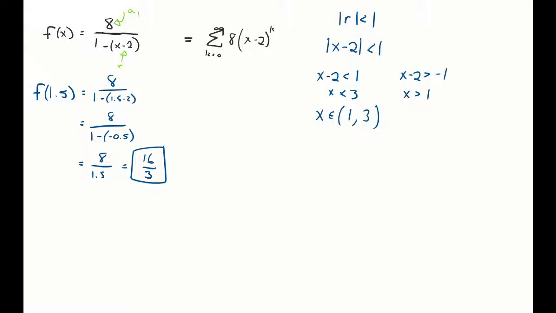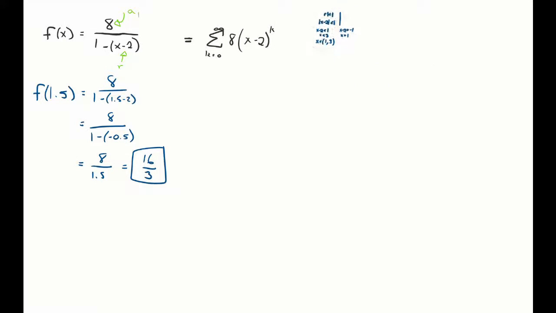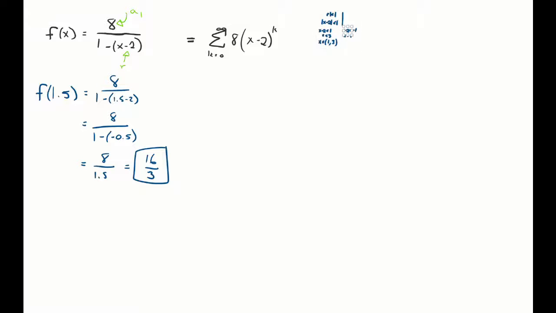What about my power series evaluated at 1.5? Well, let's get this out of the way a little bit. If I take this power series and substitute in 1.5, that's the sum of 1.5 minus 2 to the k power, which is the sum of 8 times negative 0.5 to the k.